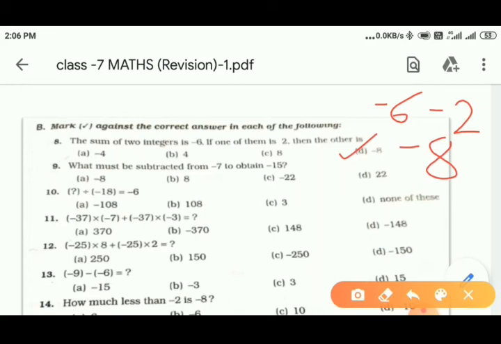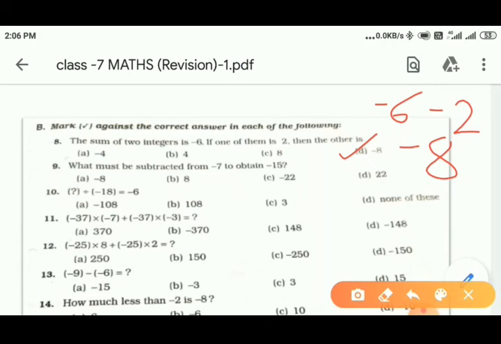The next one is: what must be subtracted from minus 7 to obtain minus 15? माइनस 7 में से क्या सब्ट्रैक्ट करें कि माइनस 15 आ जाए. So children, if you are solving with a full solution, you have to consider it as x and then you can solve it. But here we are solving an objective type question, so we should know the short trick for this.